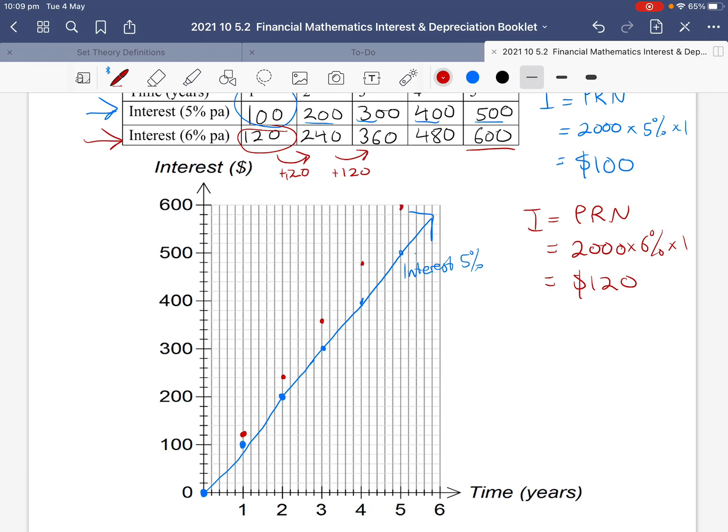And so you can see the slope of this line is a little bit higher. And so we graph that. There we go, it's a bit better. Using a ruler, got interest at 6%. That's what the graph of simple interest looks like. And the steeper your interest on the same principal, the larger interest on the same principal, the steeper the graph.